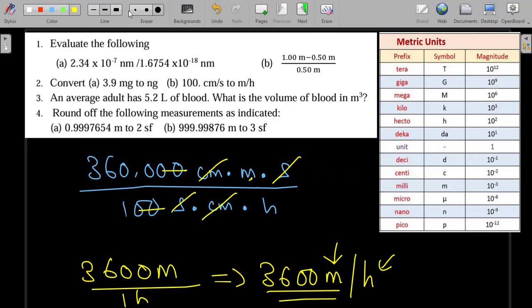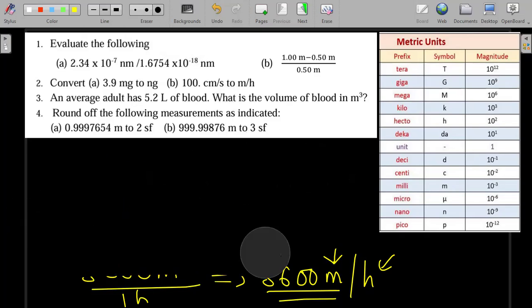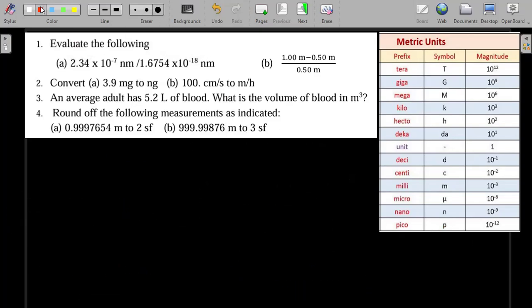All right, and then from here, let's look at question 3. So question 3, they're saying an average adult has 5.2 liters of blood. What is this volume in cubic meters? So here you just have to know the conversion factor from cubic meters to liters.